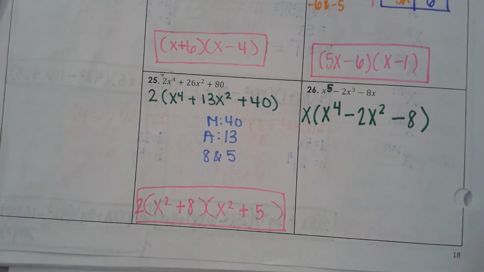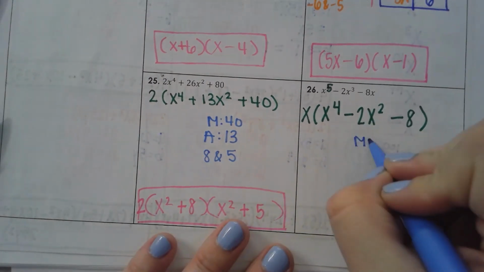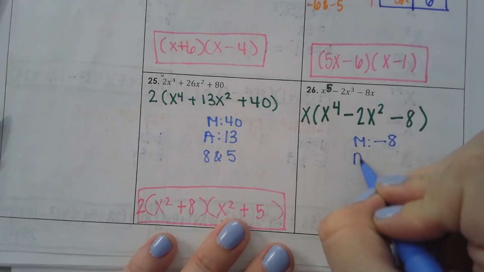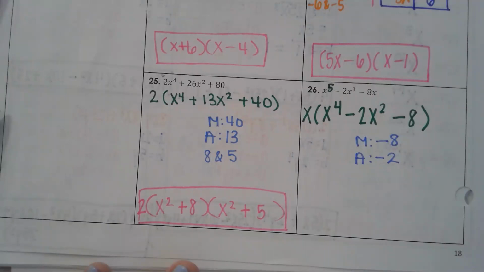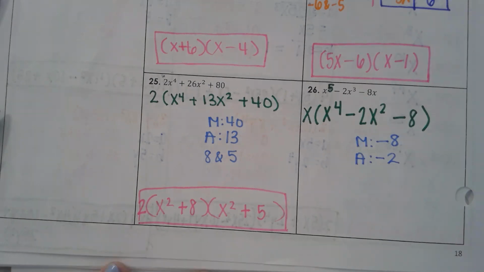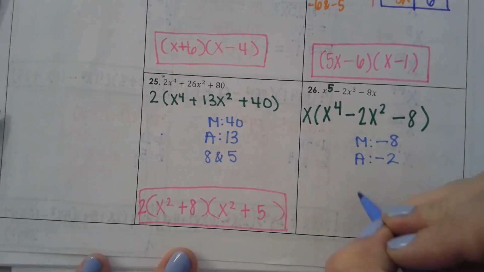So we need two numbers that multiply to be negative 8 and add to be negative 2. Anybody? Negative 4 and positive 2.